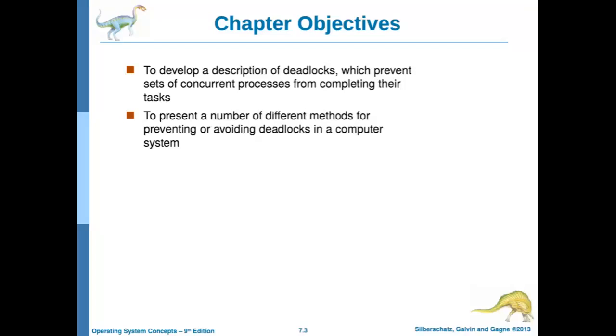So we need to define what the deadlock is. That part we'll see first, and then we need to see, for example, is it possible to prevent the deadlock, and we need to see different methods for avoiding the deadlock in our computer system.